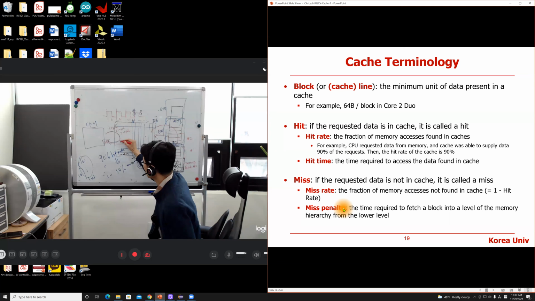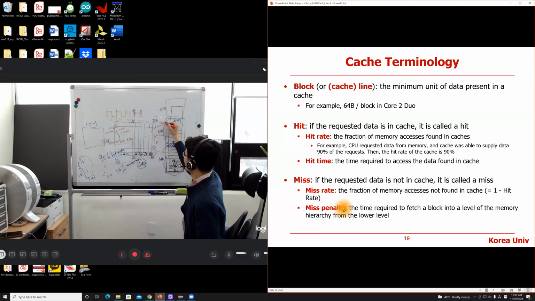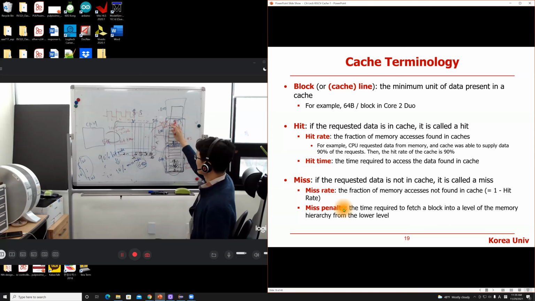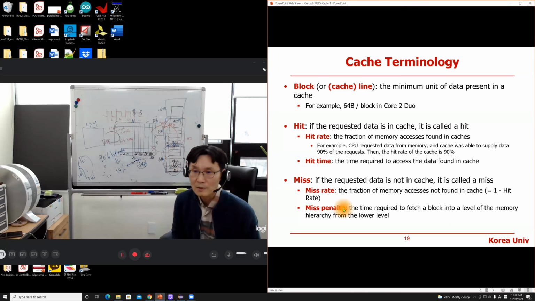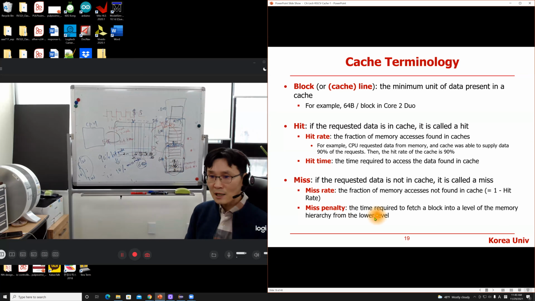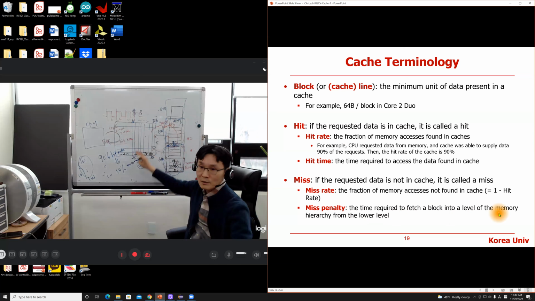That is the hit time, and the miss penalty is this one: additional clock cycles. The CPU should wait in case of a miss. It is the time required to fetch a block into a level of the memory hierarchy from the lower level. This is the lower level, and this is the higher level.